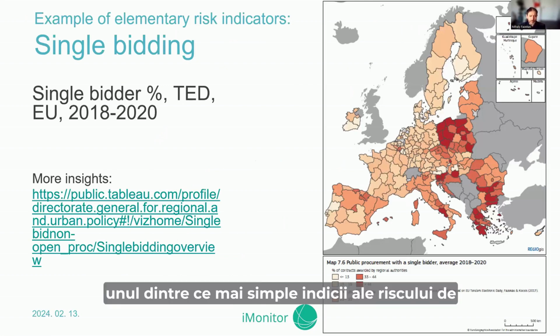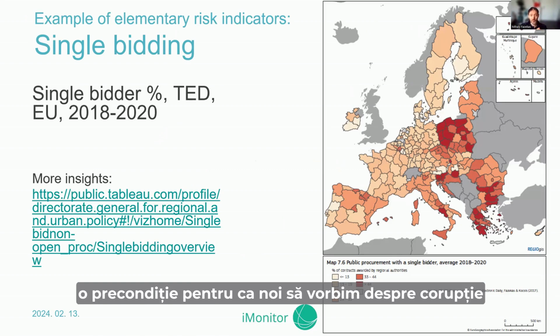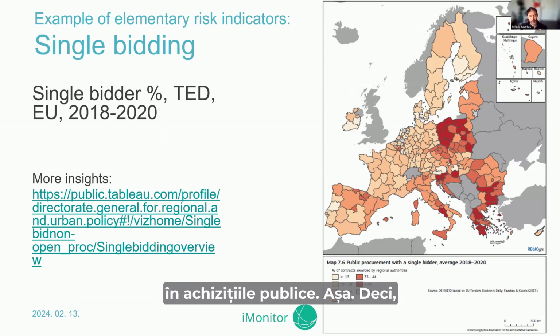So one of the simplest indications of corruption risk in public procurement is when you take a competitive market, a market where we know that there are multiple potential bidders, but then the tender only received one bid. And that's suspect, and that's in line with our corruption definition, because avoiding competition is a necessary precondition for us to talk about corruption in public procurement, right?